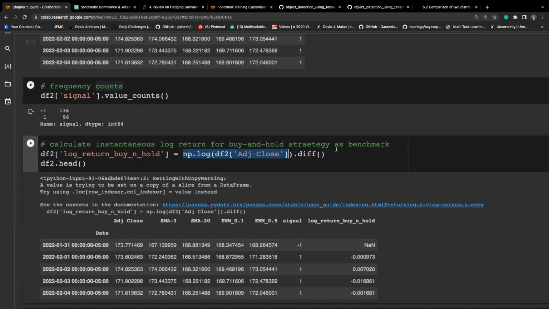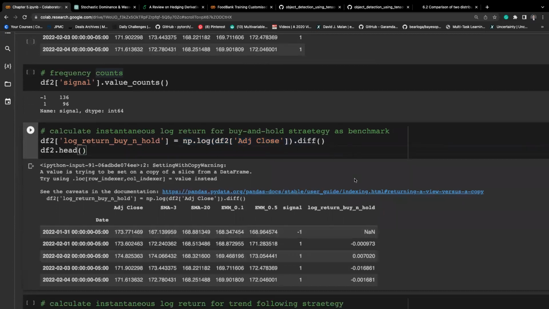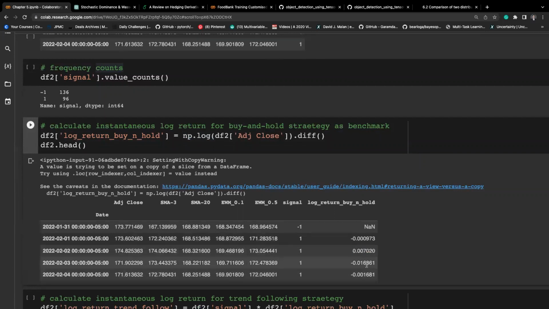Right. So that's what we want to do here. And then after creating this column, we have the first few rows shown here. So this is the created price in log return form. All right. So that's the baseline log returns we want to compare with.